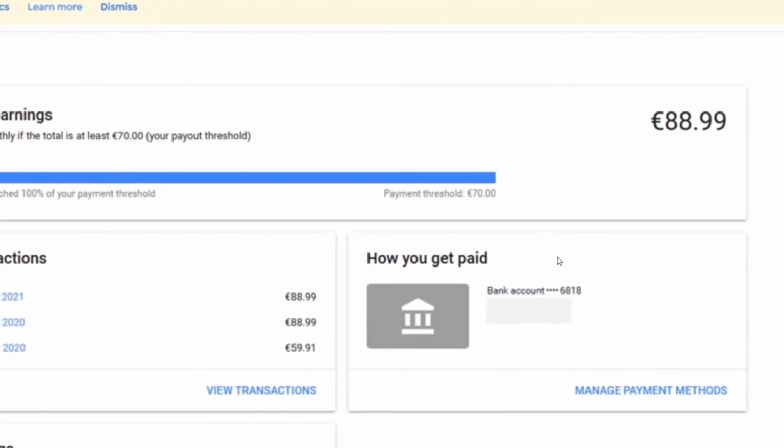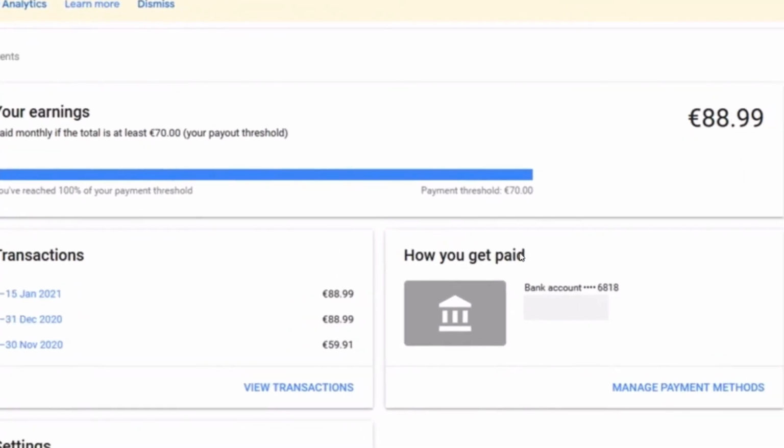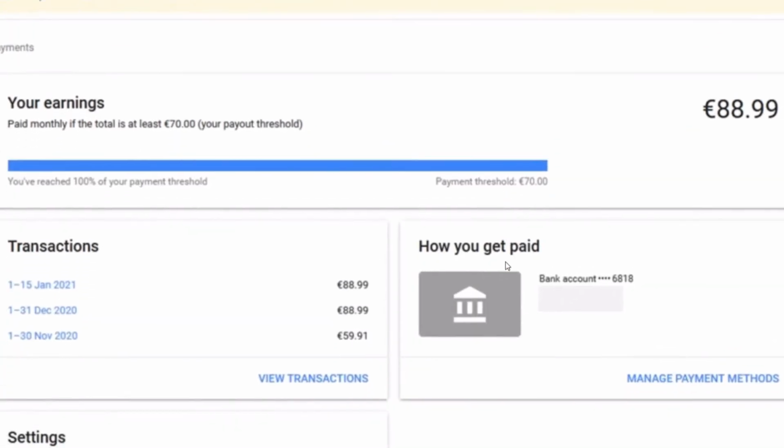I'm now supposed to wait between 4 to 10 days after the 11th. So 4 to 10 days at most, latest by the 21st. If I add 10 days to the 11th of January, I will get the 21st of January. So I have to wait till the 21st of January to have my money in my bank account.